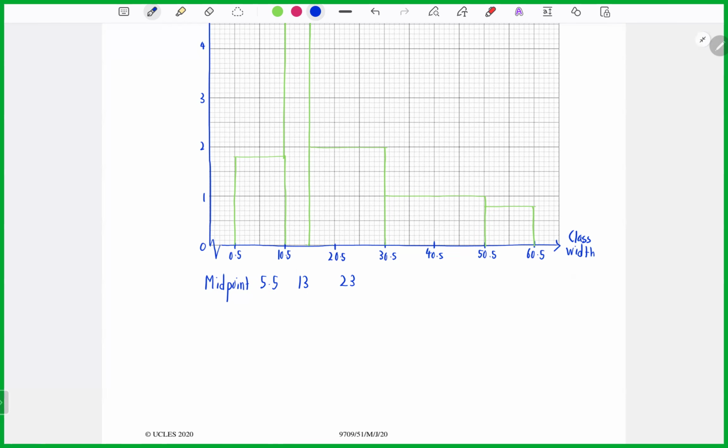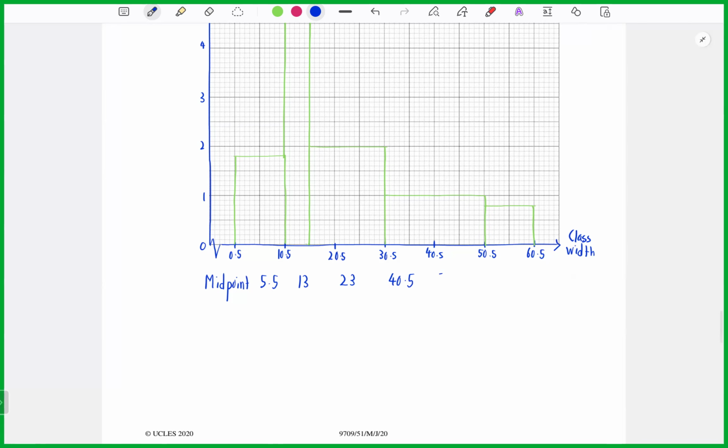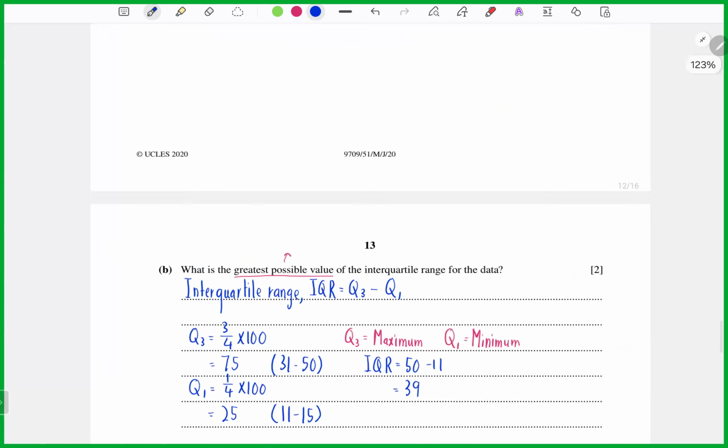Okay, 15.5 plus 13.5 divided by 2, 14.5. And the last, 55.5. So we are using these midpoints.